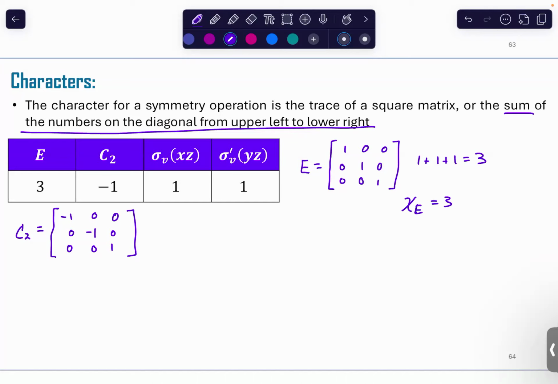For your C2, -1 - 1 + 1 is -1. And you could do that for the sigma V and the sigma V prime as well. I see, okay. You can relate those back to when we were doing the rotations of the axes.